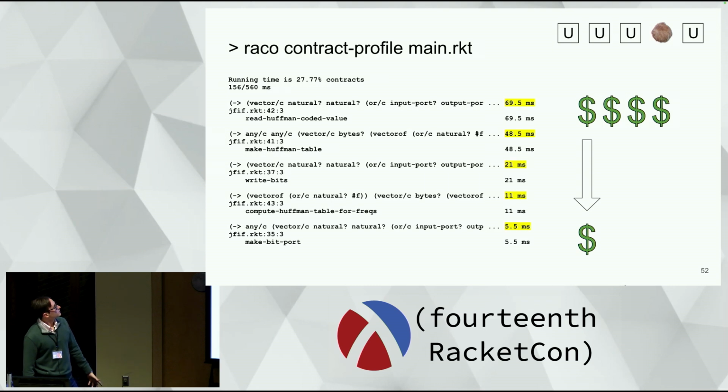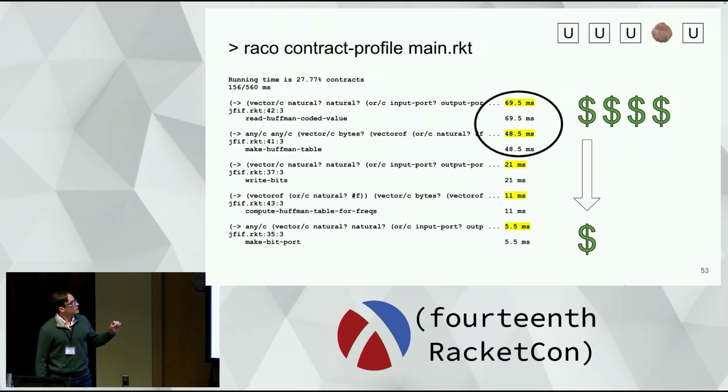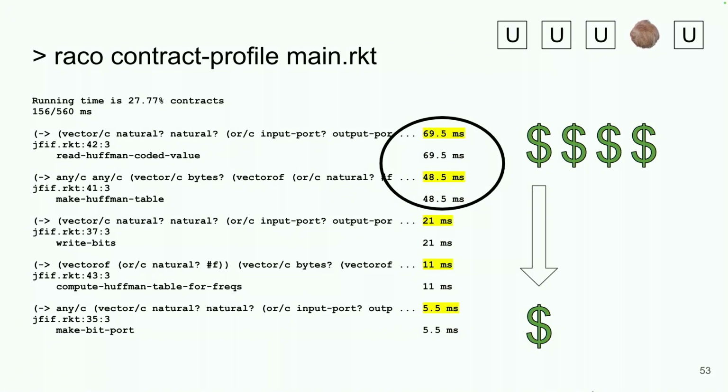It also tells us what the most costly contracts are in our program, ordered from most costly to least costly, and what the approximate amount of time is being taken up by each one of them. So if you look at this column, you can see that the first 2 contracts are taking up more time than any of the other contracts in the program.